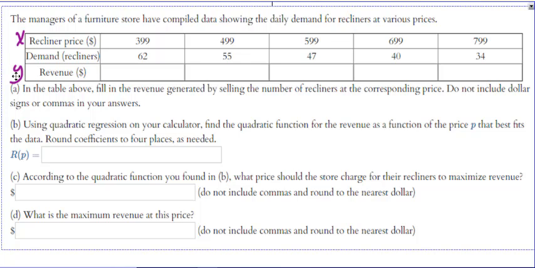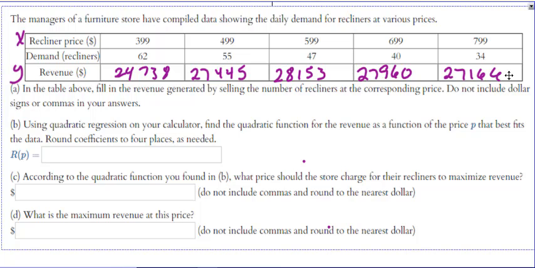First things first. 399 times 62 would be 24,738. 499 times 55 would be 27,445. 599 times 47 is 28,153. 699 times 40 would give me 27,960. 799 times 34, 27,166.